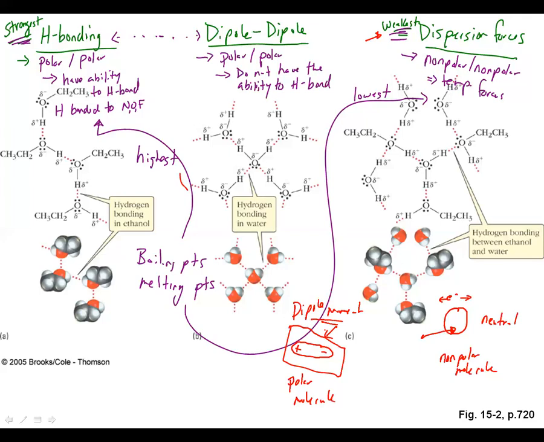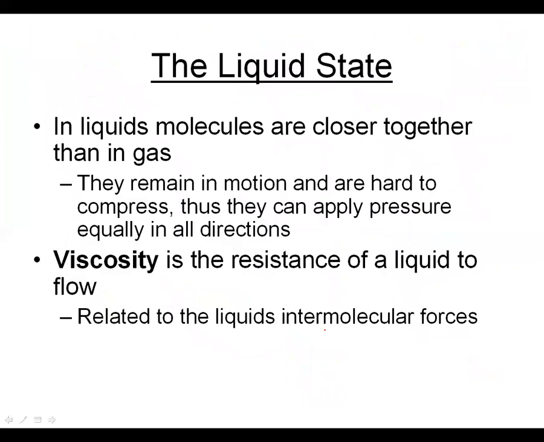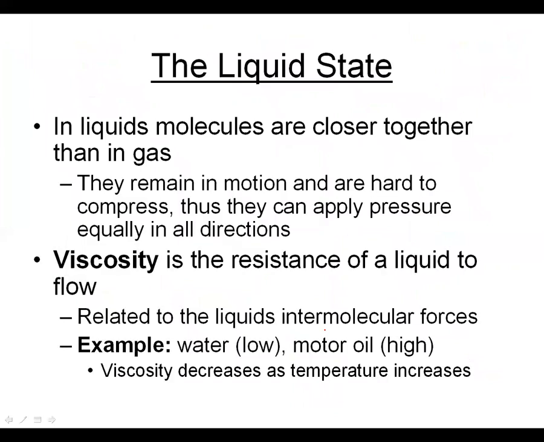Okay, so then we're going to talk about the liquid state and some things that occur with liquids. Liquid molecules, as we know, are still relatively close to one another. There is obviously a little bit more room for movement.